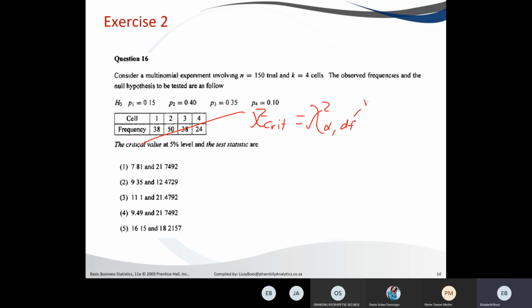In this instance, our degrees of freedom will be k minus 1 because they gave us k. And in this one, you will do the chi-square that as your sum of your observed minus your expected squared divided by the expected.